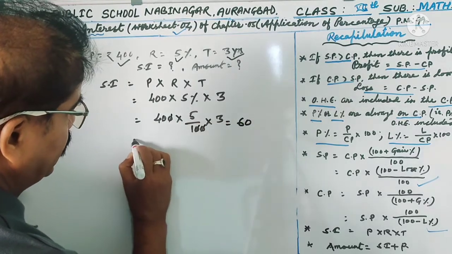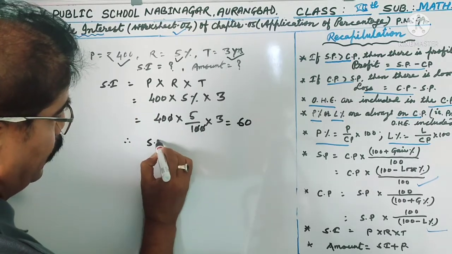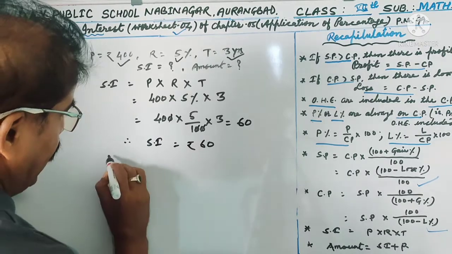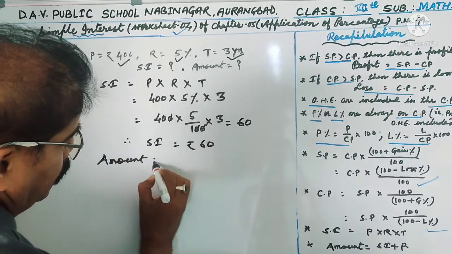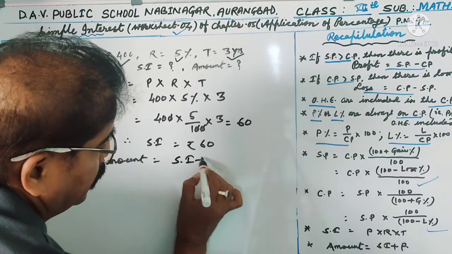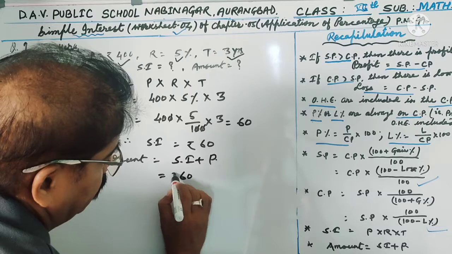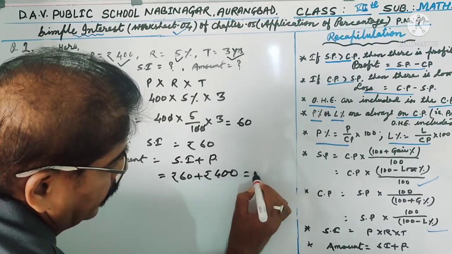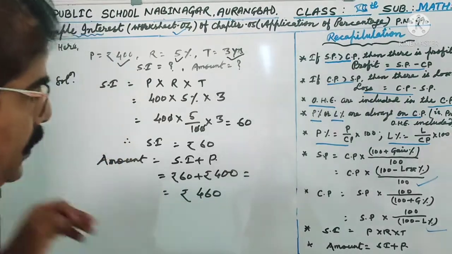So simple interest SI equals rupees 60, and amount equals simple interest plus principal, that is simple interest 60 and principal rupees 400, that is rupees 460.